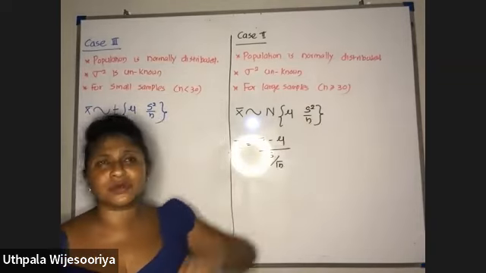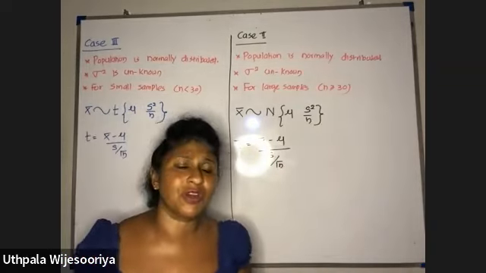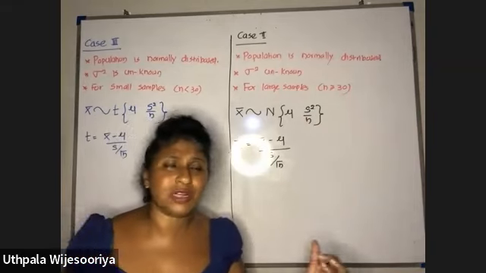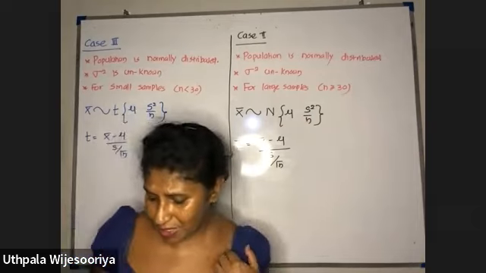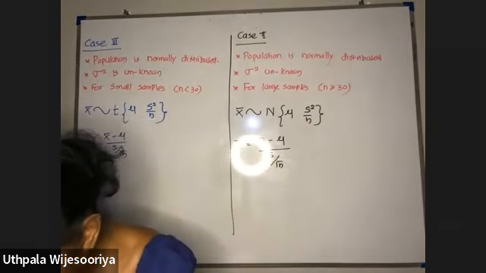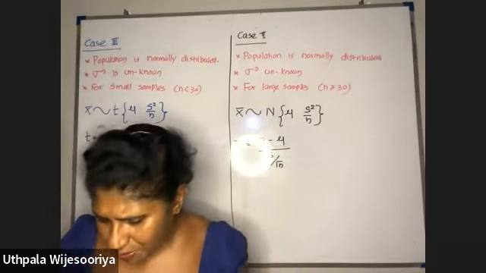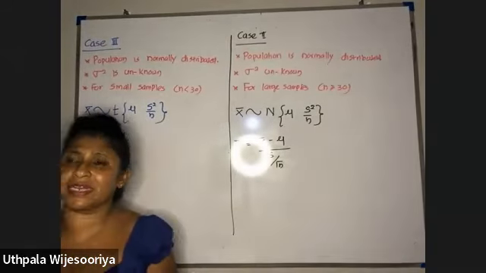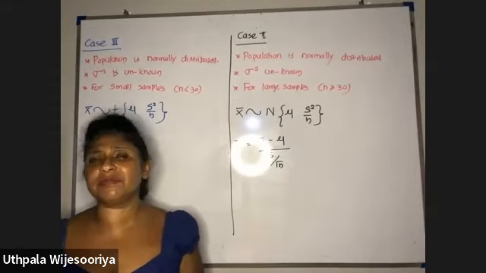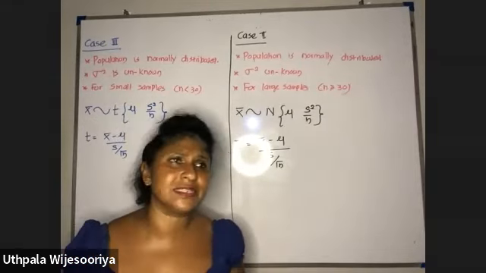For a large sample that is okay, it follows a normal distribution, but for a small sample it is not normal. In such situations, the sampling distribution of x bar falls in a t distribution, which is somewhat similar to the normal distribution.